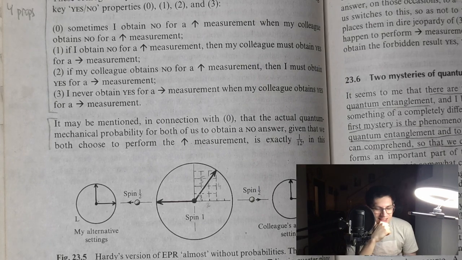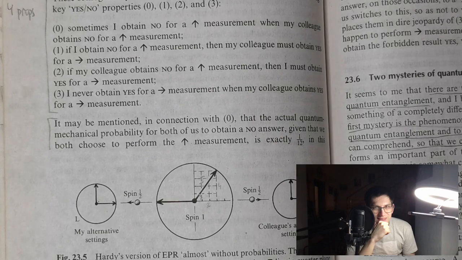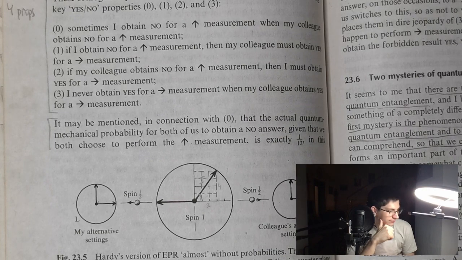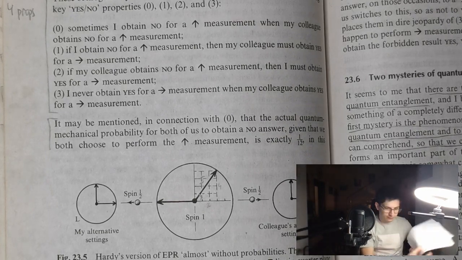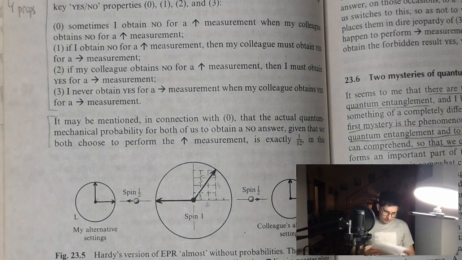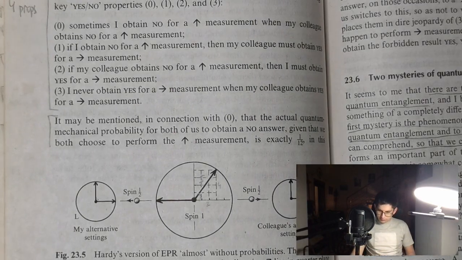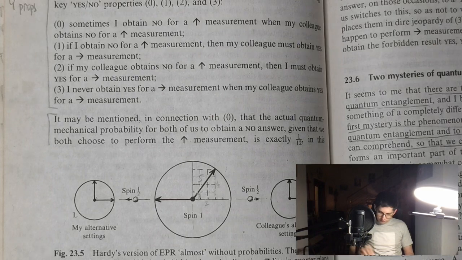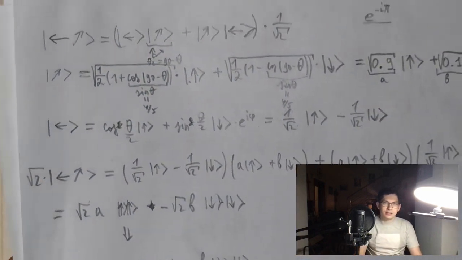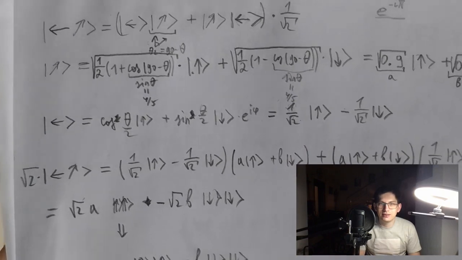Do you mean that 1/12 is coming from this algebra? Yeah, the 1/12 is basically the projection of the initial state onto, I think, the up state. Actually, that initial state is some big combination of up and down.